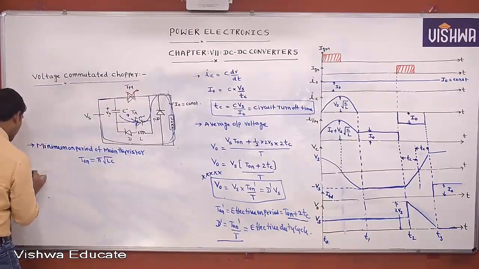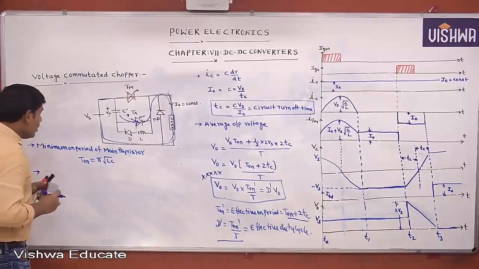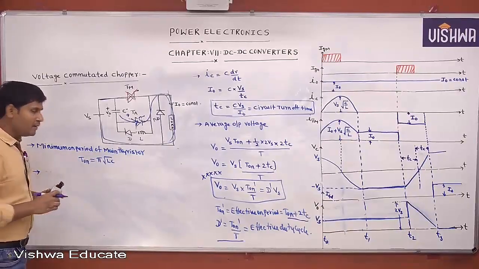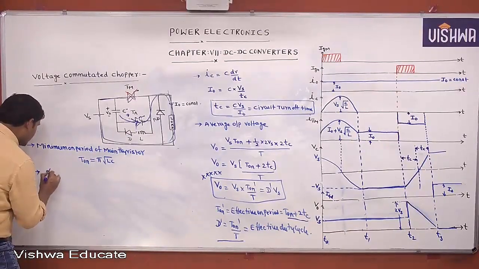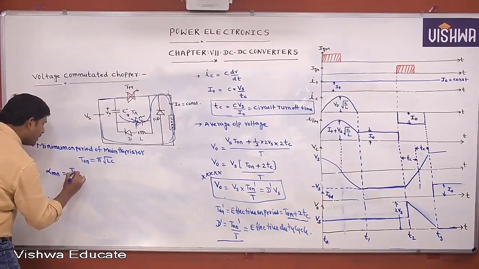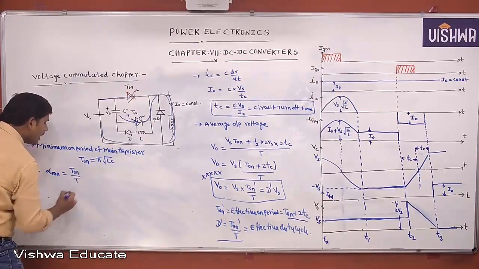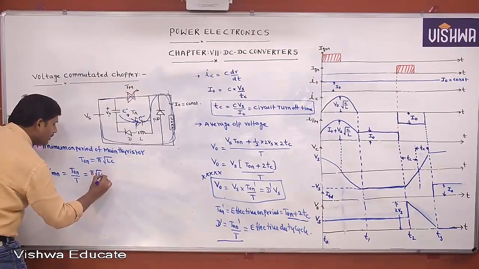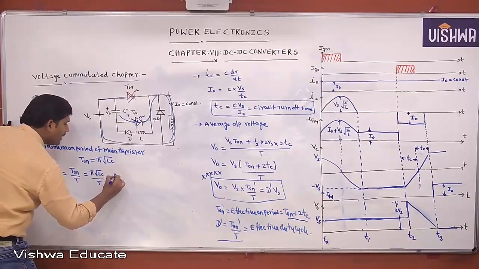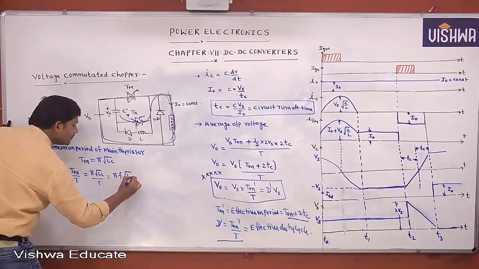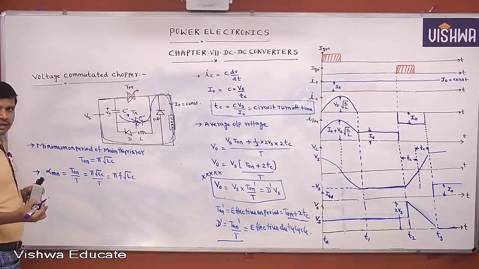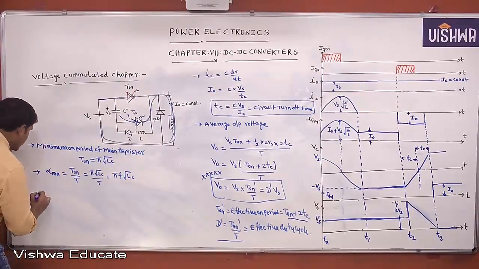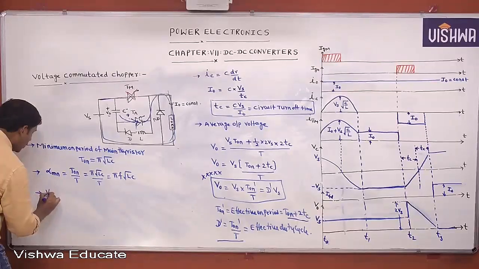Next, tell me. Once you know the minimum on period, what is the minimum duty cycle? The minimum duty cycle equals T on by T, that is pi root LC by T, which equals pi f root LC. This is the minimum duty cycle. Once you know the minimum duty cycle, what is the minimum output voltage?